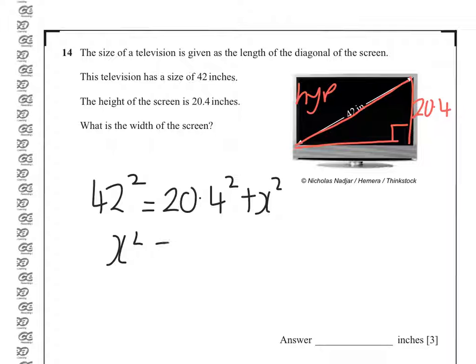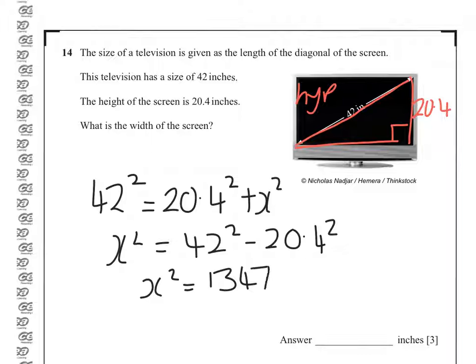That means the width squared, x squared, is 42 squared minus 20.4 squared. So x squared is 1347.84, and the square root of that gives us our answer, which means that x is 36.7 inches.